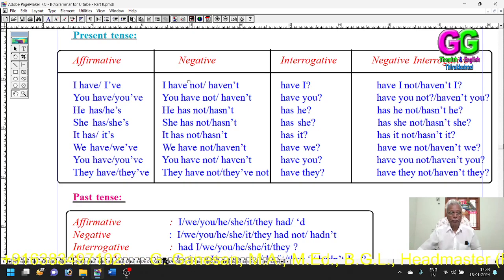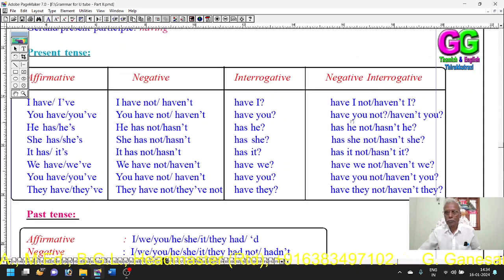I have not or I haven't. Similarly, they have not or they haven't. Interrogative: have I? Have they? Negative interrogative: have I not or haven't I? Have they not or haven't they?